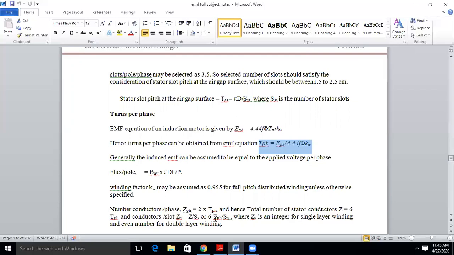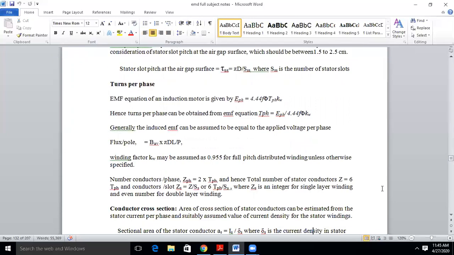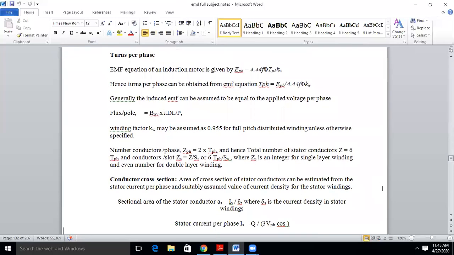Zs is an integer for single layer winding and an even number for double layer winding. So this is about the turns per phase.